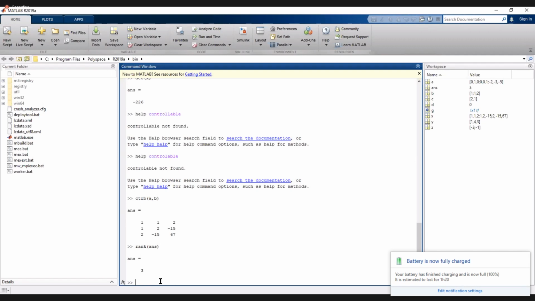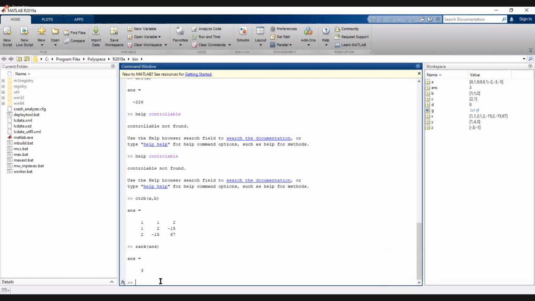You just write CTRB of A, B, and then find the rank of that matrix. So for controllability, you can either do it as we have it, or use the commands that we have here.